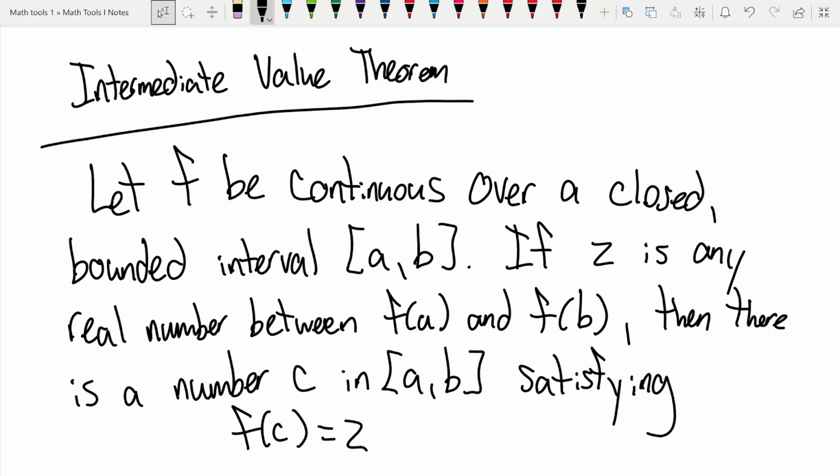Okay. So at first glance, it might be a little hard to parse through, but I think once you really look at what it's saying, it becomes a little more obvious.